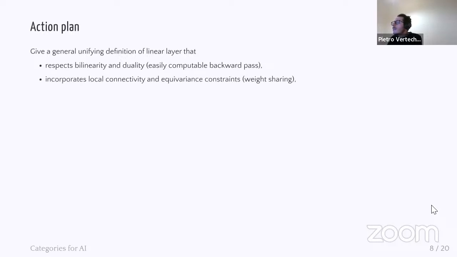It incorporates the domain-specific requirements, which are local connectivity and equivariant constraints, which we will achieve by weight sharing. And that works on a variety of different spaces, both discrete and continuous, because that is the domain of deep learning. Sometimes you work on a discrete space, and sometimes you work on a smooth manifold. Now, achieving all of this is actually technically a bit challenging. And to do that, we will need to introduce two notions.